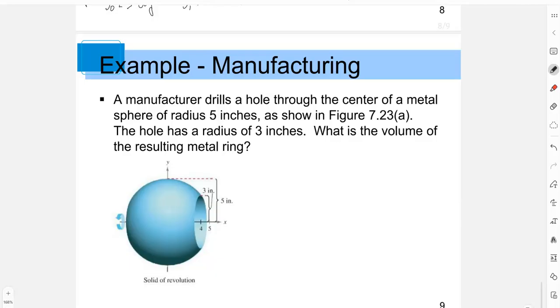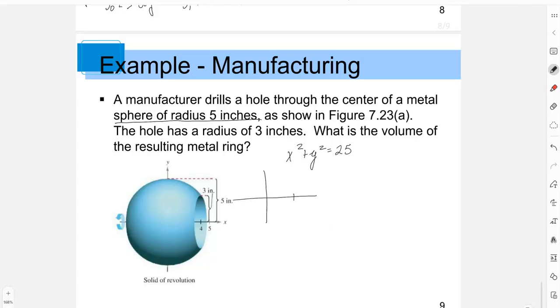So we could think about a sphere as a circle that's been rotated. If we want it to have a radius of 5, then our equation would be x squared plus y squared is equal to 5 squared. They're rotating this about the x-axis, so we're thinking about everything in terms of x.